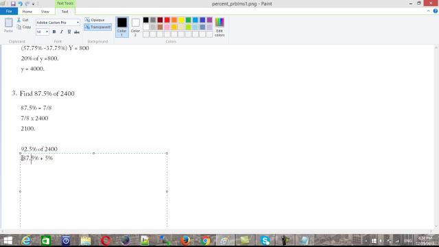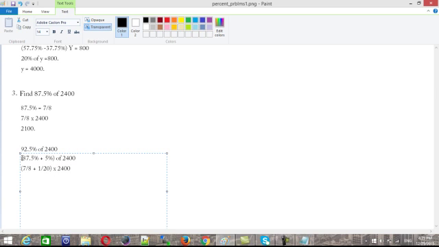Then we'll write this as 87.5% plus 5% of 2400. So we know that 87.5% is nothing but 7 by 8 and 5% is nothing but 5 by 100, that is 1 by 20. So it becomes 7 by 8 plus 1 by 20 of 2400.